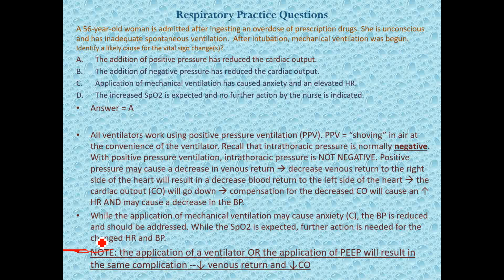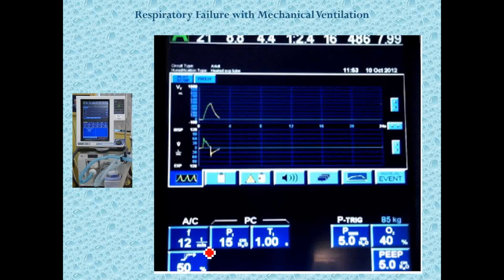So that's venous blood that comes back to the heart, and that will cause a decrease in the cardiac output. Very, very important that you understand that positive pressure being applied from outside, in other words, by mechanical ventilation, can cause decreased venous return and decreased cardiac output. Super important.